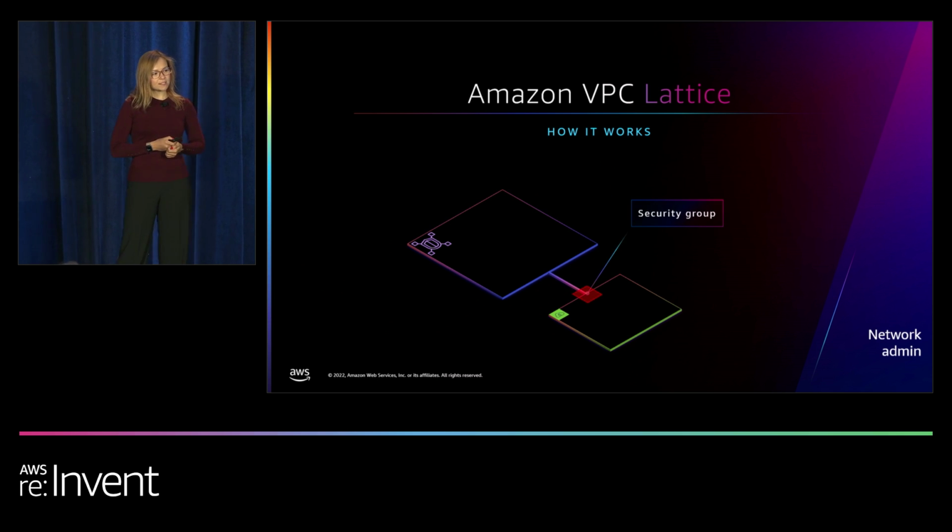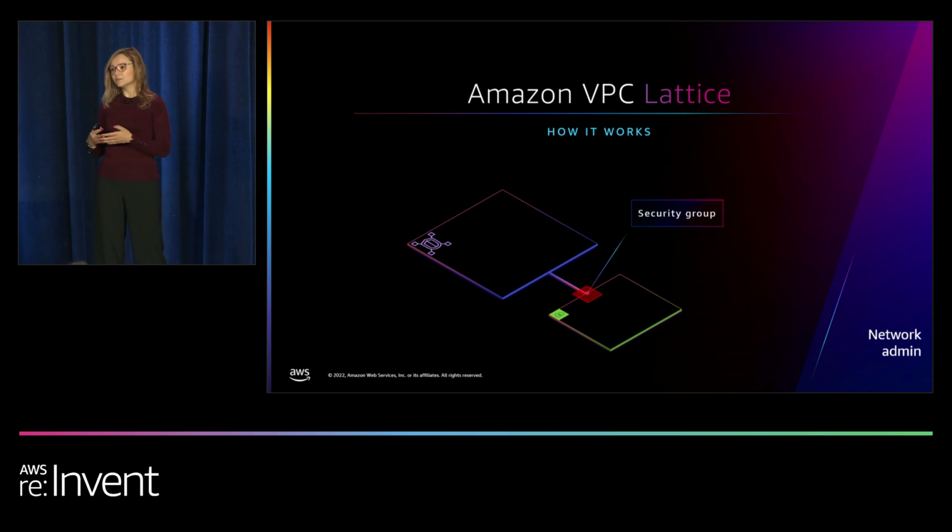When this attachment gets created, you have the ability of associating a security group to it. Very important, the attachment is not an ENI in your VPC. The attachment is not in the user space. It works in the 169.254 IP address space, so it doesn't consume IP addresses from your VPC CIDRs, right?